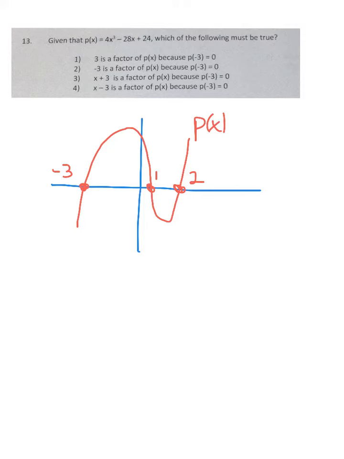Okay, so it says which of the following must be true. Now, choice 1 and choice 2 don't even make any sense. 3 is a factor, negative 3 is a factor, like, we don't say that. Okay, so our factors technically for this graph here are x plus 3, right? Because I'm going to change the sign of my 0.